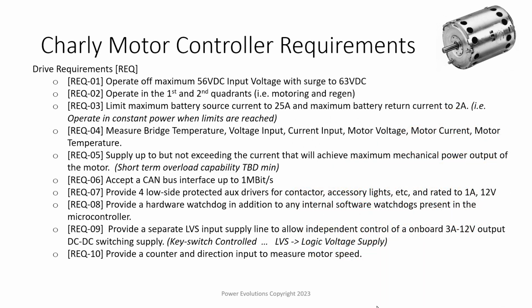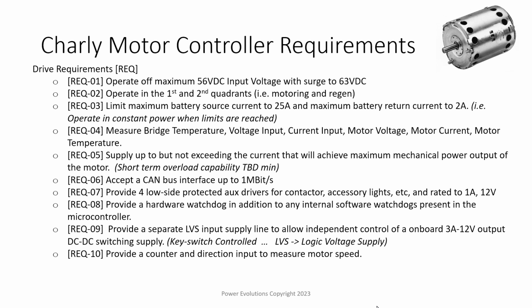The second requirement was that I wanted to be able to drive this both motoring and also in regen mode. So that's first and second quadrants. A lot of the simple scooter controllers will not have that capability. It'll just strictly be motoring or not.